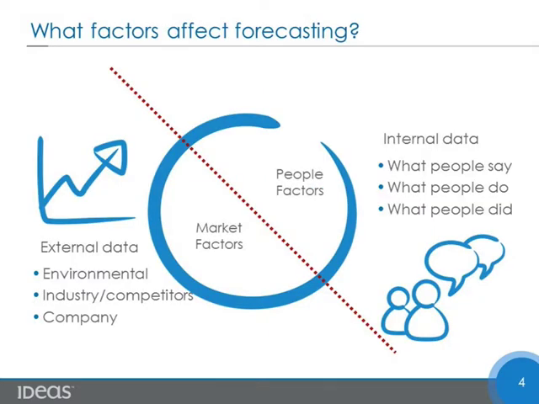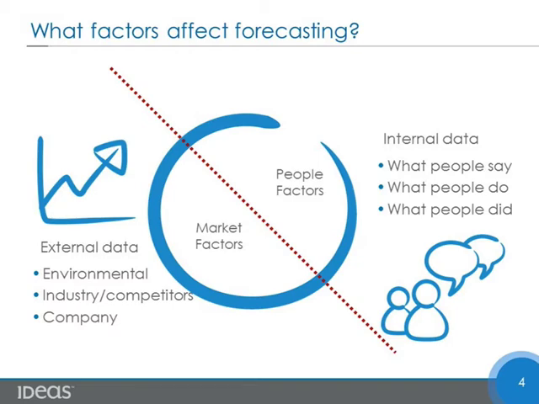So, what are the factors that could affect forecasting? A variety of factors could influence forecasting, but they can be categorized as either internal or external factors. External factors are the ones that occur outside the control of the hotel.